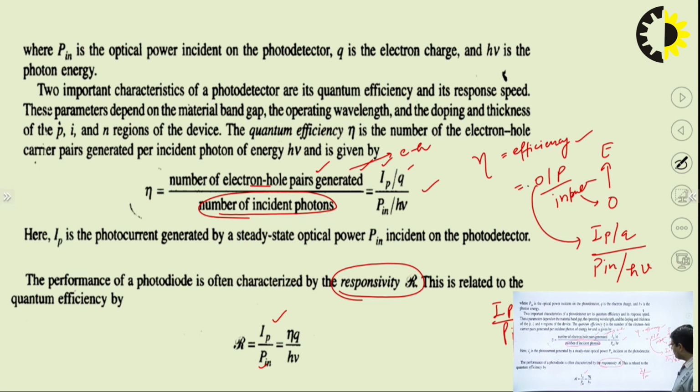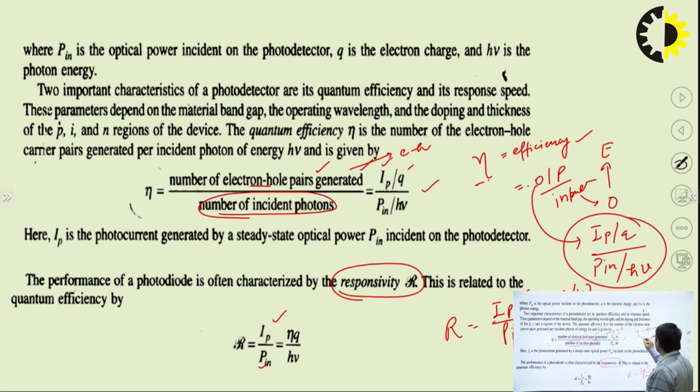So this ratio, with the unit of ampere per watt, is known as the responsivity R of the photodiode or photodetector. Then simply we can put the value of either IP or P in from this equation.